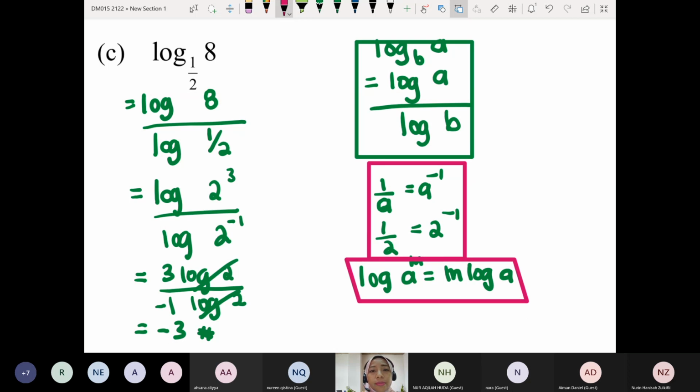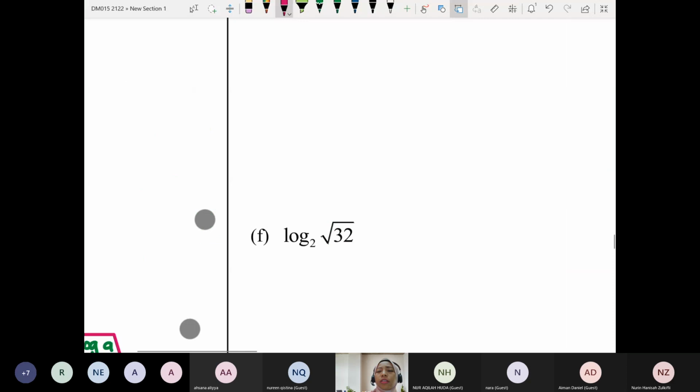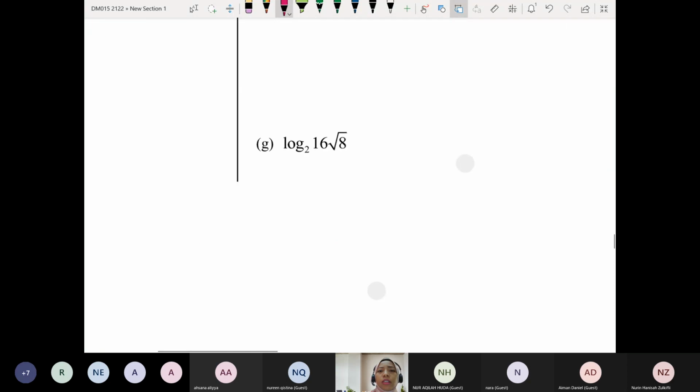Okay, clear? Boys, clear or not? Clear. Okay, good. All right. I let you do it yourself for F, E. Do we have any other questions?